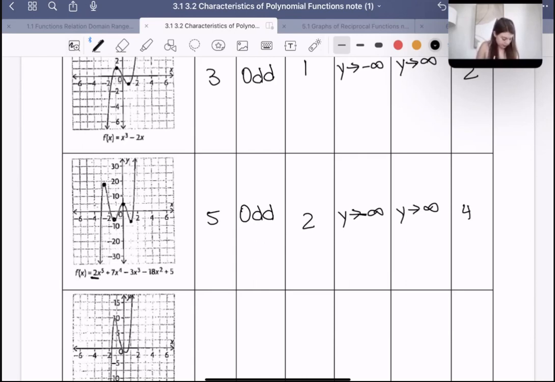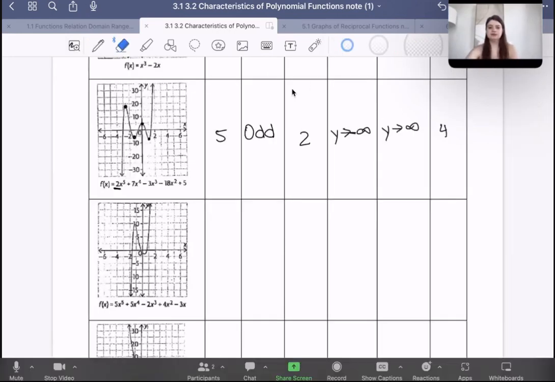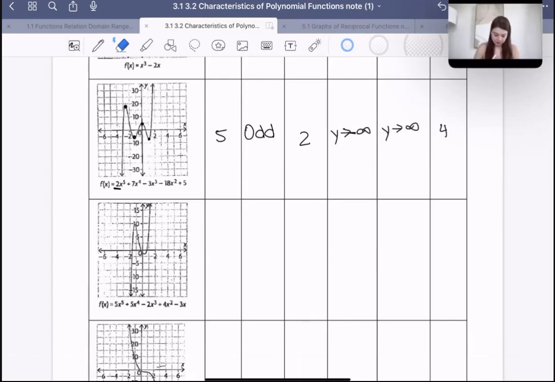All right. Now let's move on to the next one. This one is also degree 5. So for this one, the degree would be 5, right? Because we have x to the power of 5 right here.